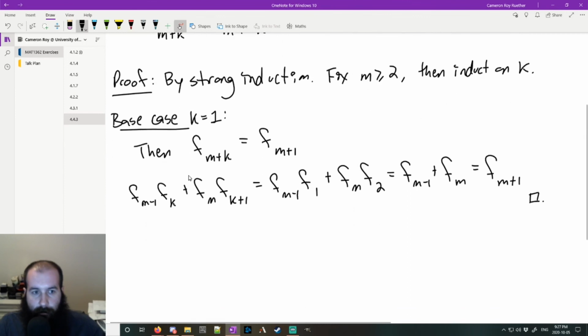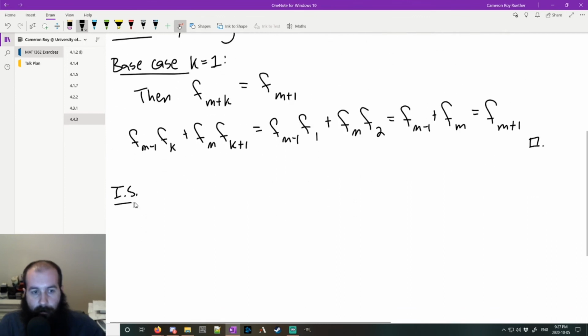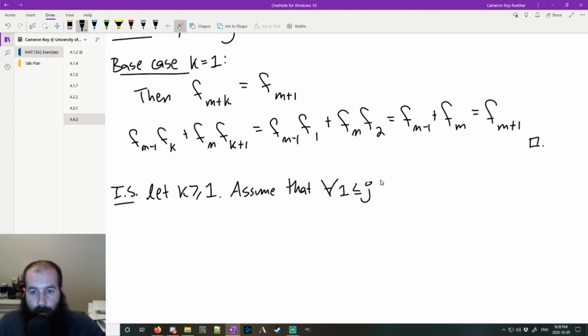Now for the inductive step, we're going to let k be greater than or equal to 1. And now we need to use strong induction. So what we're going to assume is that for all numbers j between 1 and k, we have that f of m plus j is equal to this.